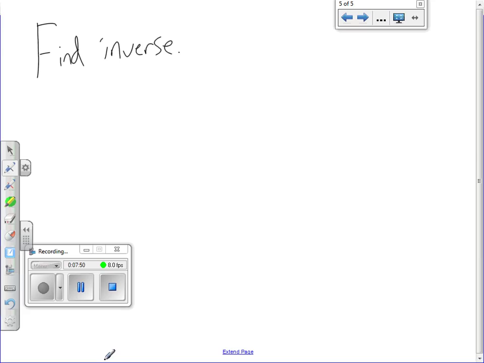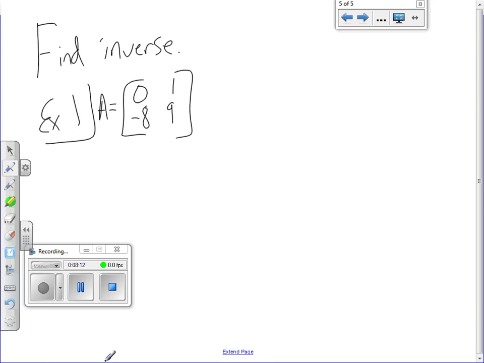So the example that we're given, I'm going to call it example 1 because we're doing something kind of new now. Let's find the inverse, if it exists, of this matrix, 0, -8, 1, 9. What would our first step be?